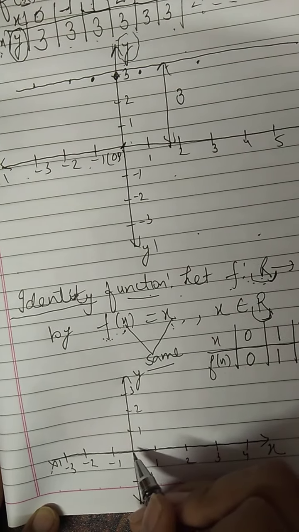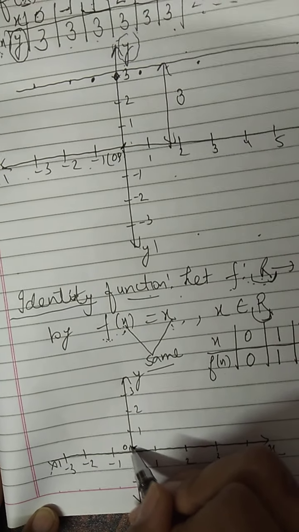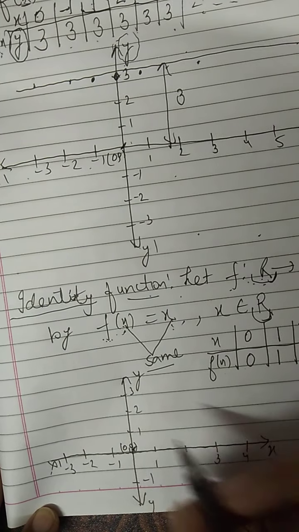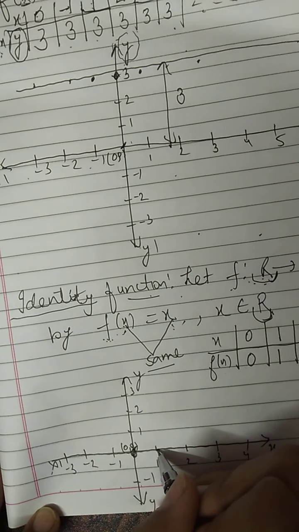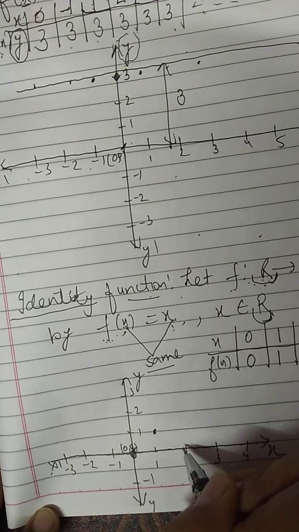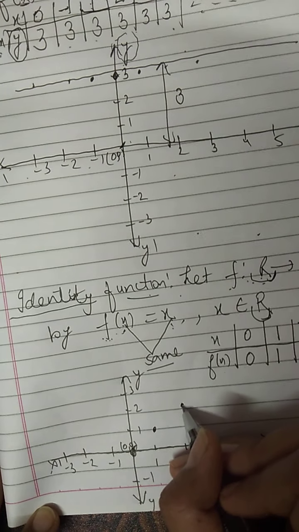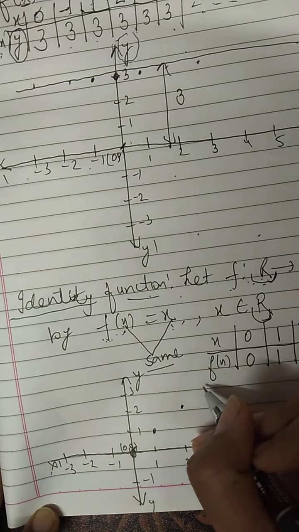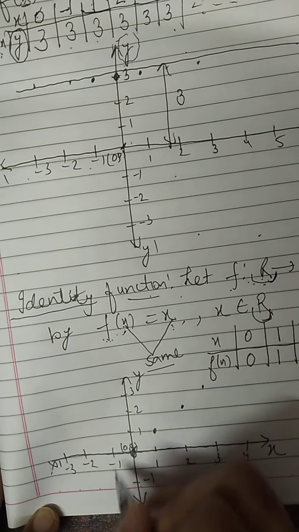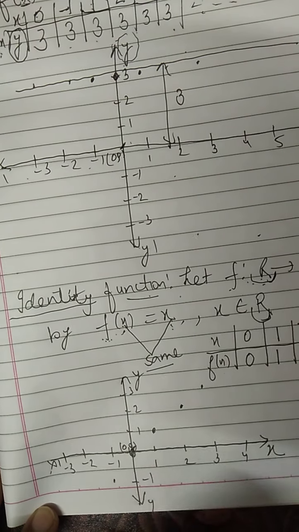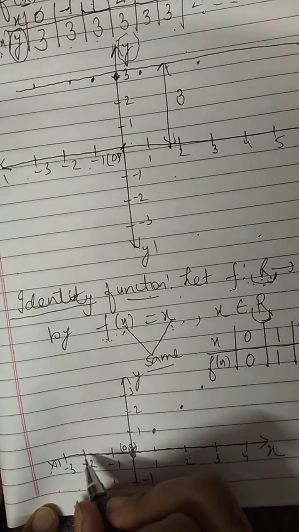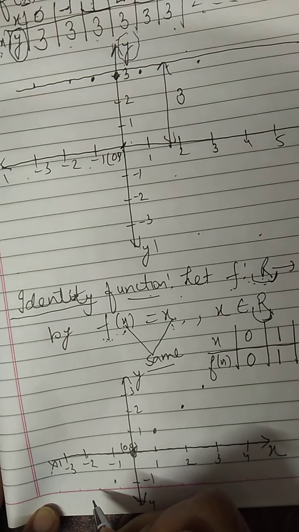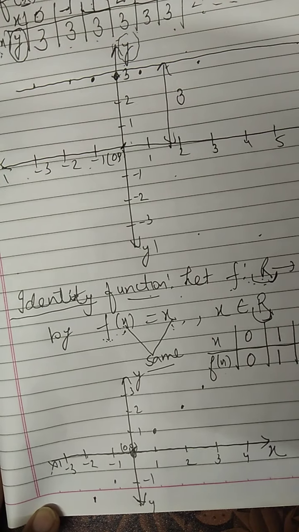Okay, and this is our origin 0, 0. What is happening? When the input is 0, output is also 0. When the input is 1, output is 1. When the input is 2, output is also 2. When the input is 3, output is also 3. When the input is -1, output is also -1. And if the input is -2, output is also -2, and so on.